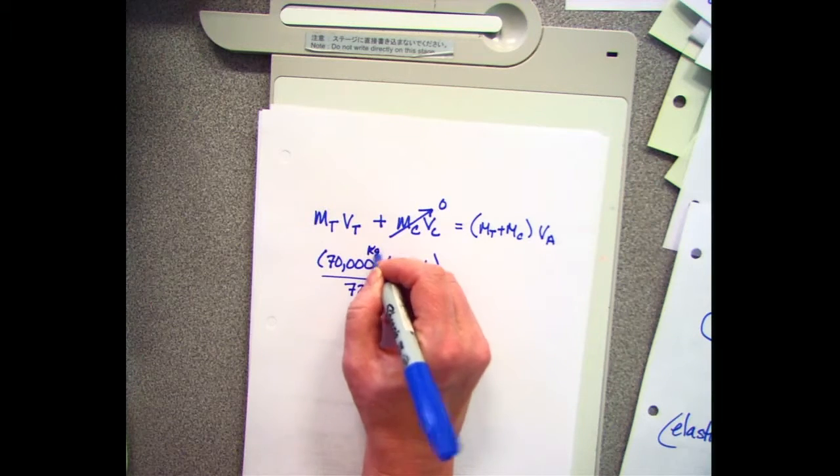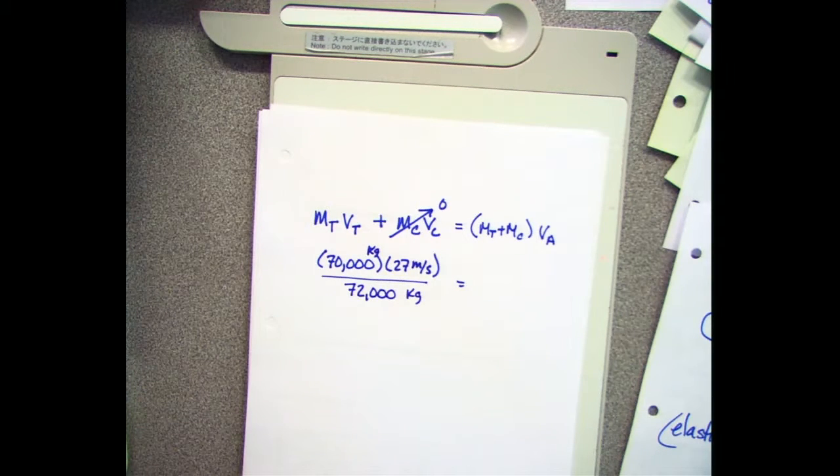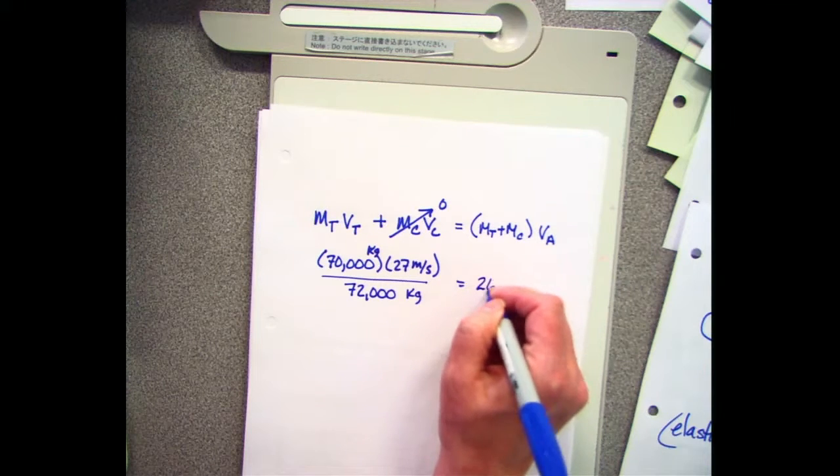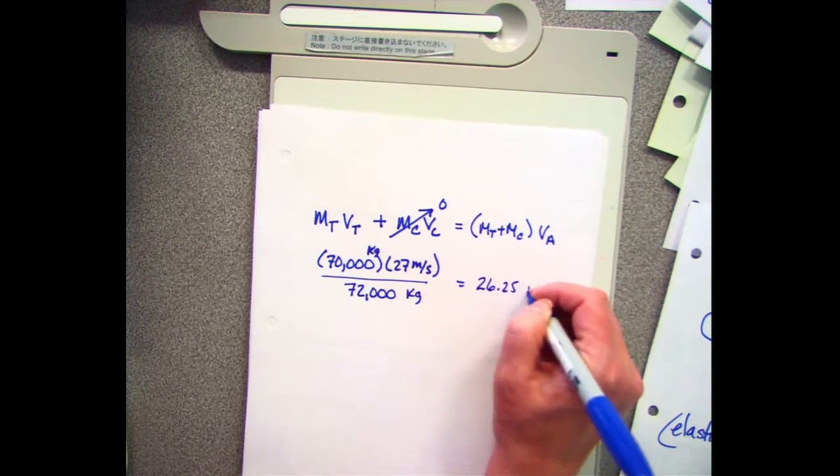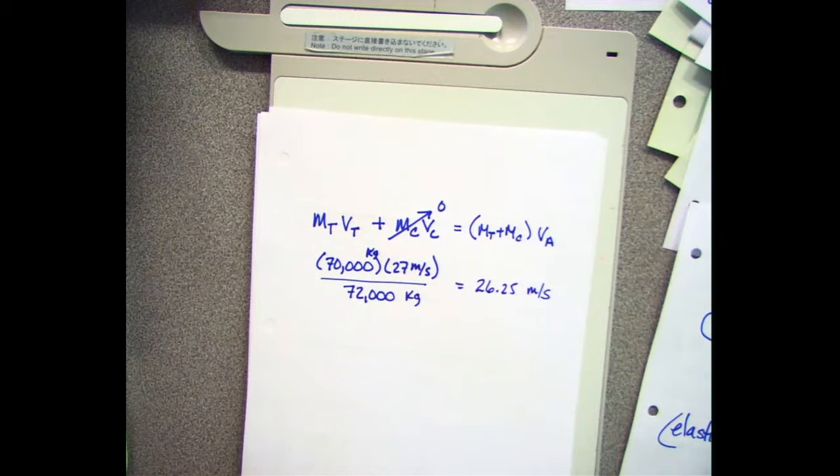This is kilograms. I end up with 26.25 meters per second. The train didn't slow down a whole lot.